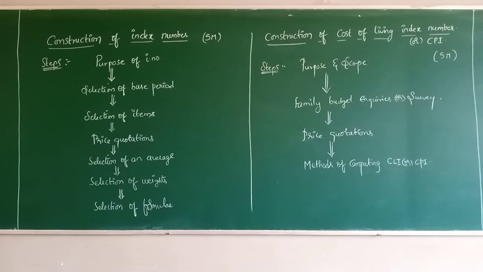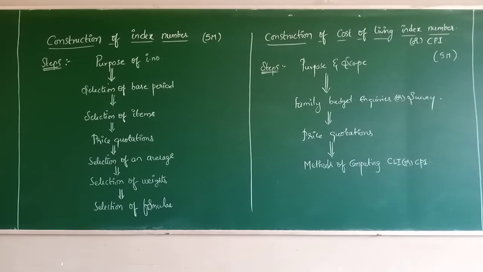Wheat, again 3 to 4 cups. Milk, minimum half to 1 liter per day. This way, the quantities are chosen according to the item. Remember, weights should be attached to items depending upon their relative importance.